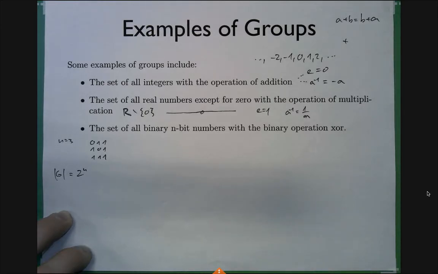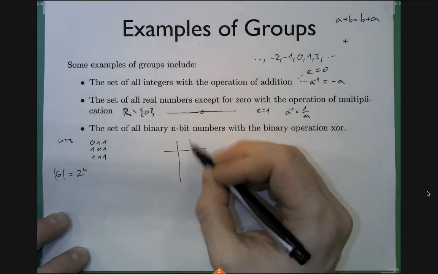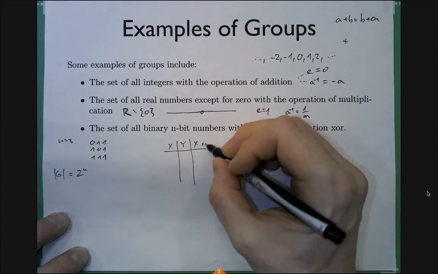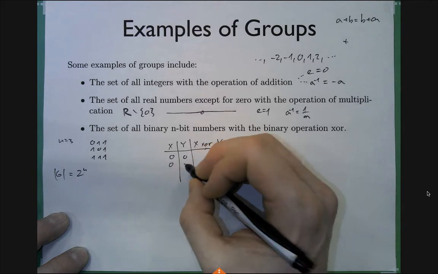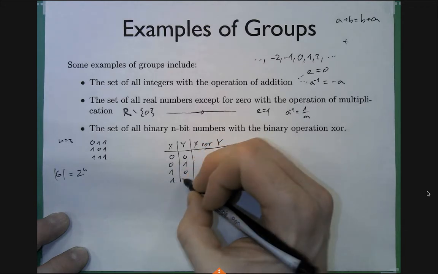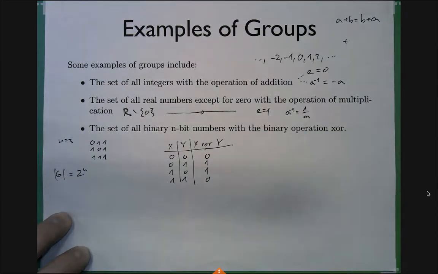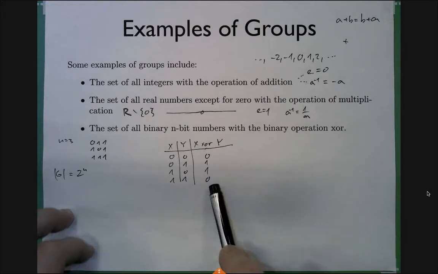Does everybody know XOR? Let me explain what XOR is. If this is bit x and this is bit y, then x XOR y is this. If I have 0 0, 0 1, 1 0, 1 1, the results are 0, 1, 1, 0. So XOR is an operation on 2 bits, which gives me this bit back.